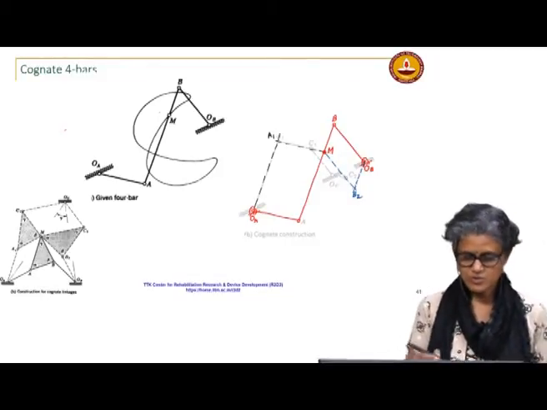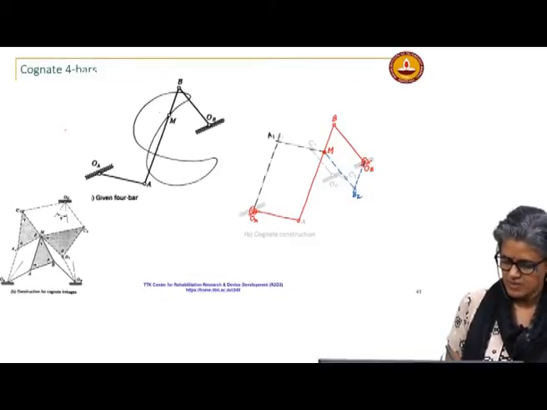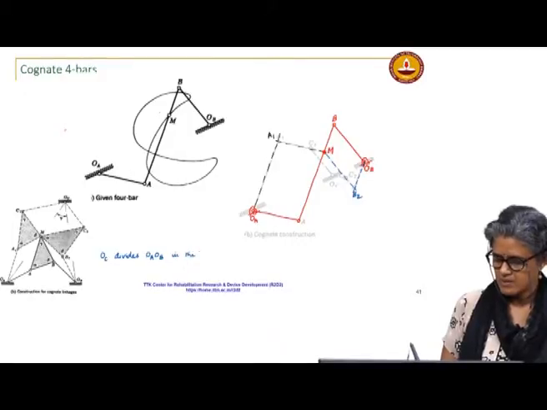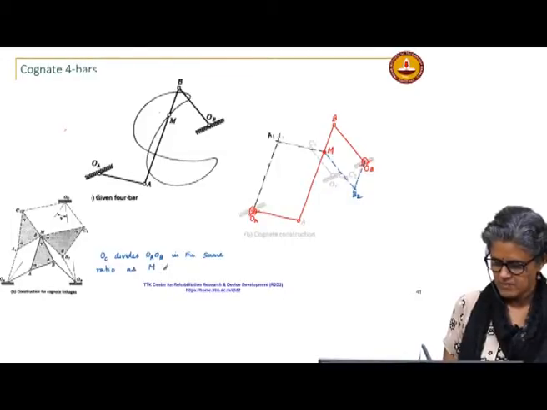So, I use the fact that OC divides OA, OB in the same ratio as M divides AB.